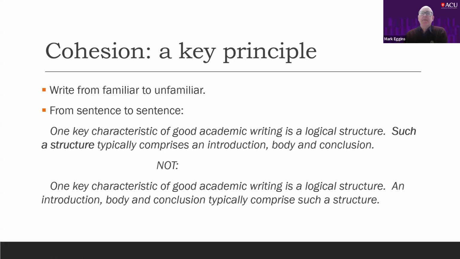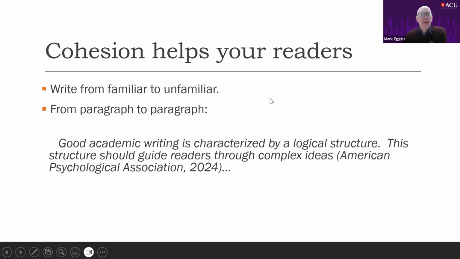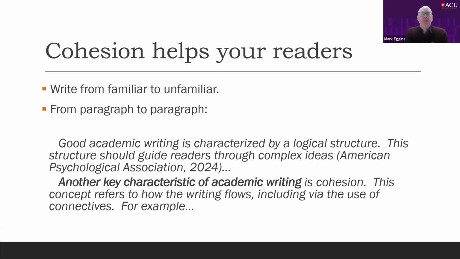But in general, go for familiar to unfamiliar, from sentence to sentence, and from paragraph to paragraph. Here we see one paragraph which is talking about logical structure, and then they're going to talk about cohesion. So they say "another key characteristic of academic writing is cohesion," rather than "cohesion is another key characteristic of academic writing."